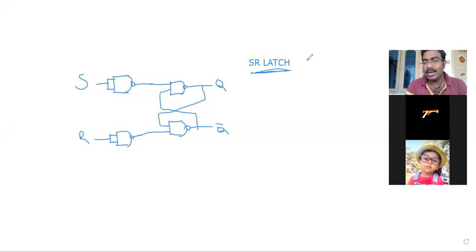The output of a sequential circuit depends on present input and past outputs also. Now I am going to describe the operation of this SR latch.